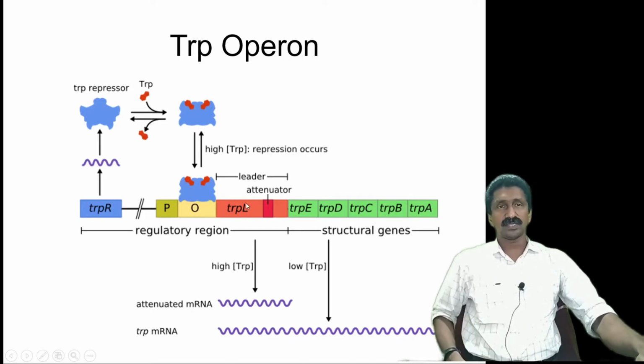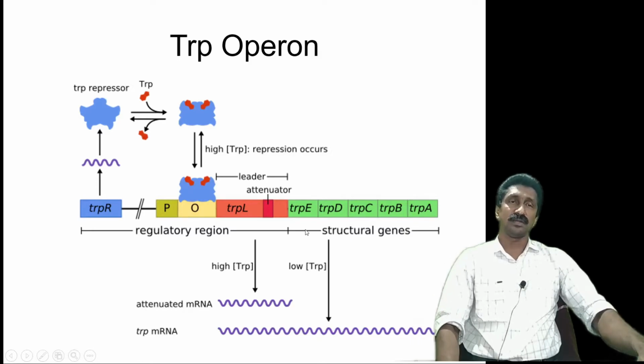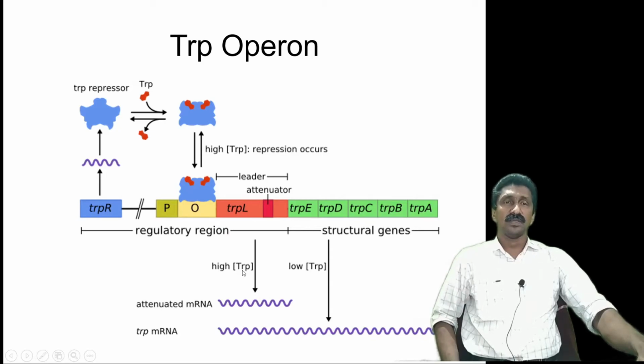Okay, so this is the structure of the tryptophan operon. Here we have a promoter, operator, the trp leader region or trpL, an attenuator site, then five structural genes, which code for the different enzymes used in tryptophan biosynthesis. And this is the tryptophan molecule.